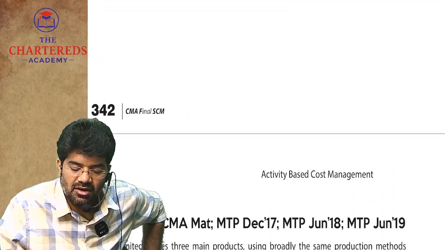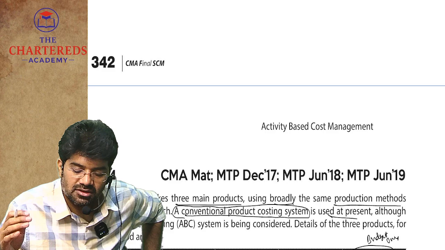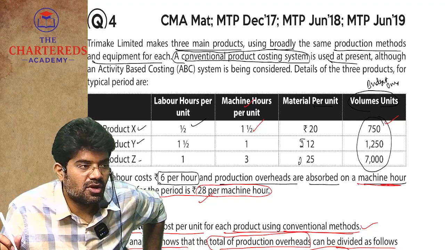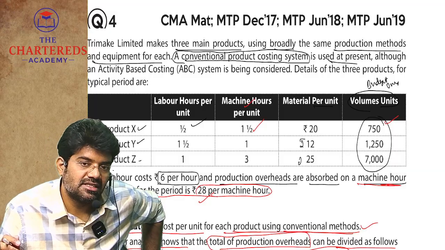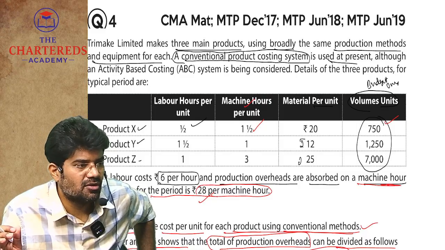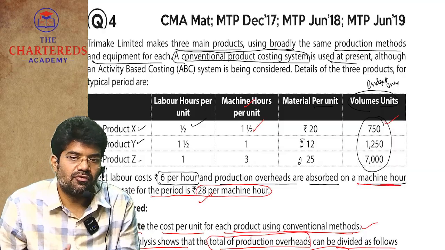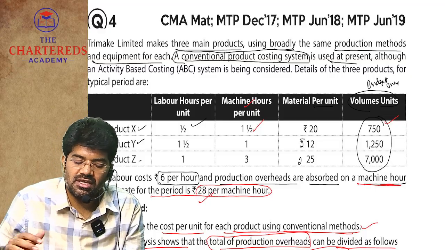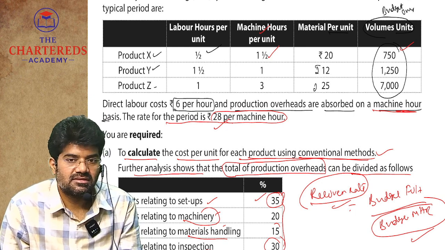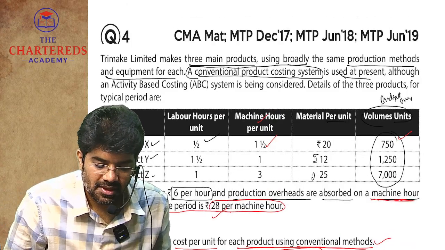Okay, let's present quickly now. Speed is important. Once you know the concept, next we need to improve speed. So tell me, first what we have to do is a working note. First we have to do machine hours calculation. After that, calculate factory overheads. That is working note number 2, or you can put it as one working note, calculation of factory overheads, where first is machine hours, then substitute in the formula and you'll get factory overheads. Once you get that, you get the overheads of each activity. Then the rest is normal.